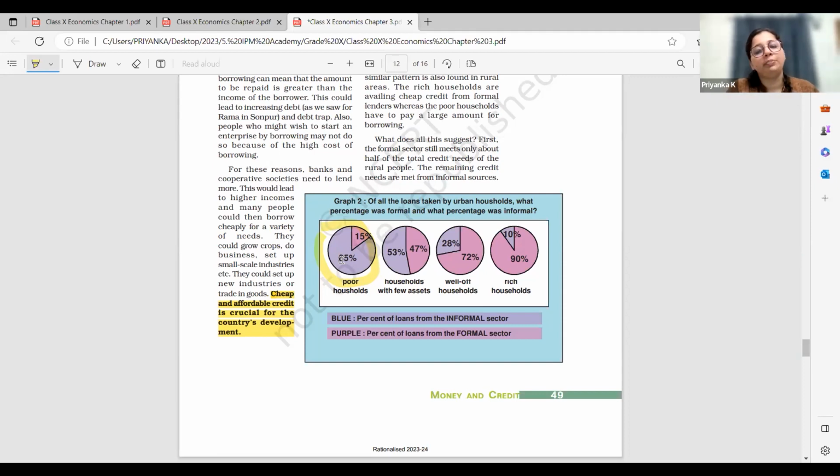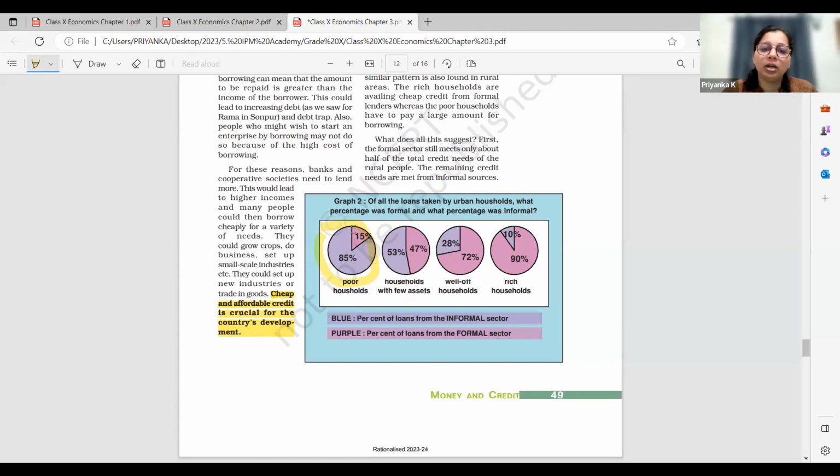The formal sector is where we have banking and financial institutions which are governed by the RBI, and they cannot do anything besides what the RBI has regulated. But there is the unorganized sector where individual money lenders or organizations exist, and they lend money according to their own terms and conditions.